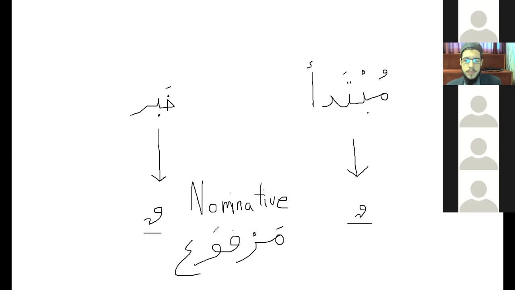That's a fact. Both the mubtada and the khabar have to be marfu'. So it's not going to ever be هذا سكر, or هذا سكران. It's always going to be هذا سكرون.